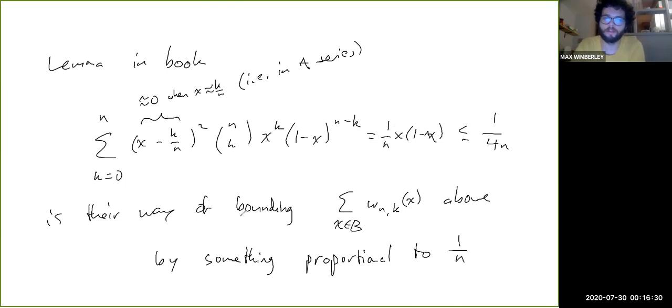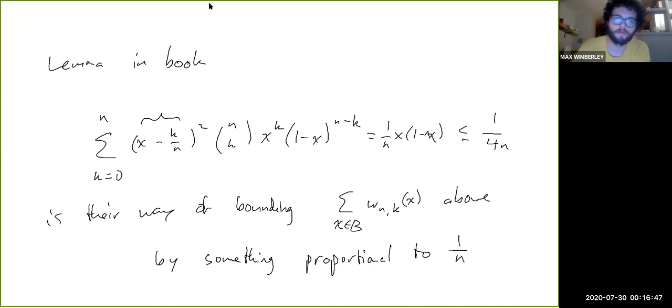And so that's how they deal with the B series: this is not small when k is in the B series.